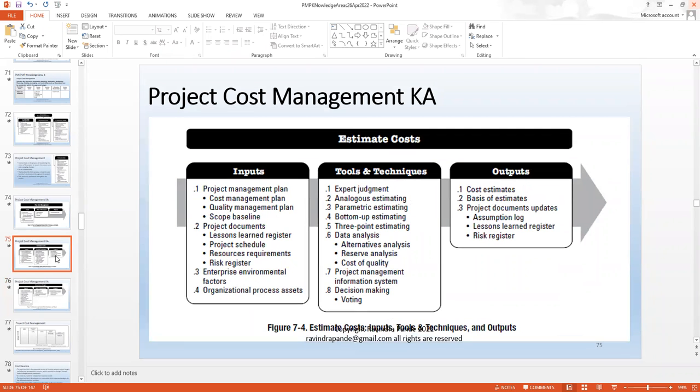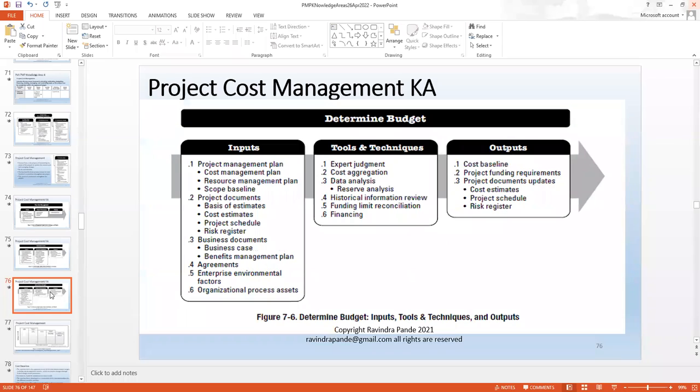There's a very thin difference between estimate cost and determine budget. Estimate cost is basically the estimation process. The determined budget is actually implementing those control limits within your project plan. Okay, and that's how we do it. Of course, we also use tools like reserve analysis, historical information review, funding limit reconciliation, and financing.